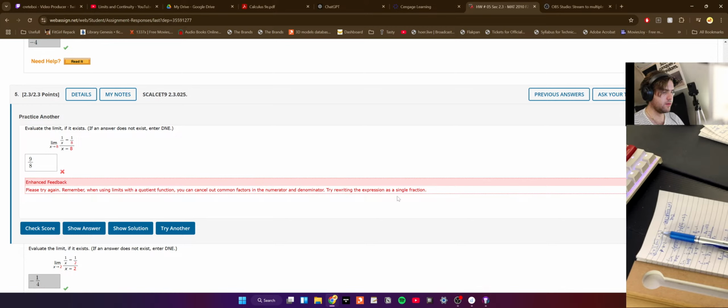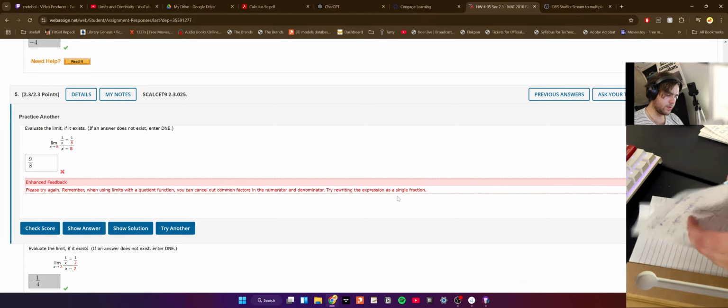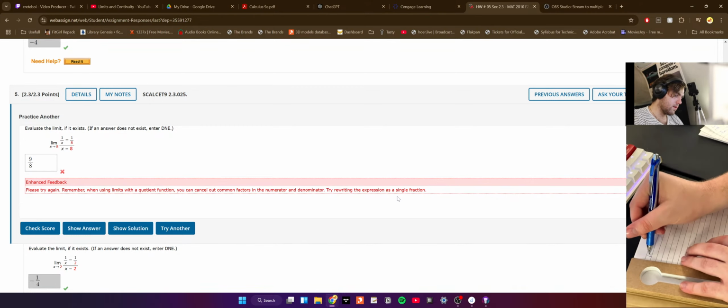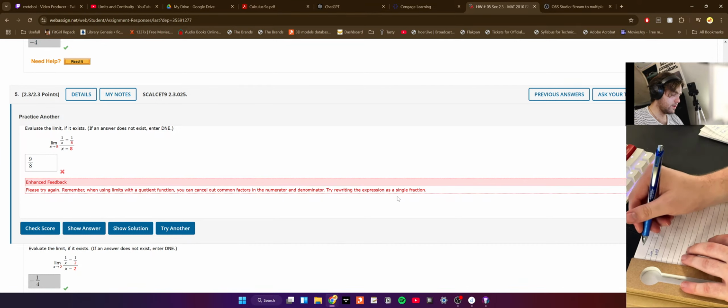I'm just taking a second to process what is going on. Okay, that's maybe the 8. Let's restart. The limit as x approaches 8 of 1 over x minus 1 over 8, over x minus 8.